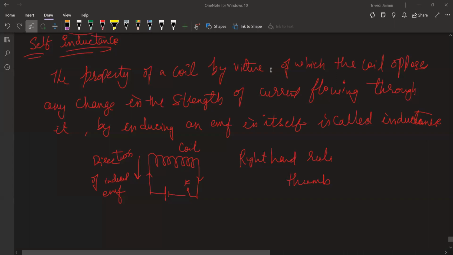Now, what does this say? Self-inductance is just a property of a coil by virtue of which the coil opposes any change in strength of current. That means whenever there is a flow of current in a coil, it will disturb the magnetic field around it. Every coil, when we pass current, generates a field around it.